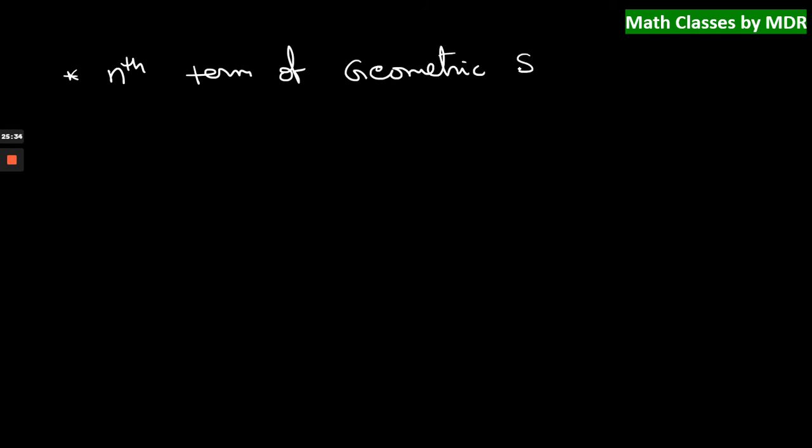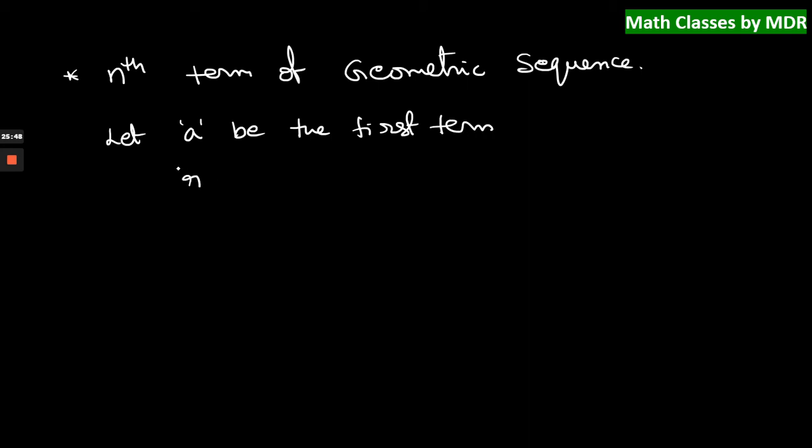Now let us see the nth term of a geometric sequence, or geometric progression. Let A be the first term of the geometric sequence, and R be the common ratio.